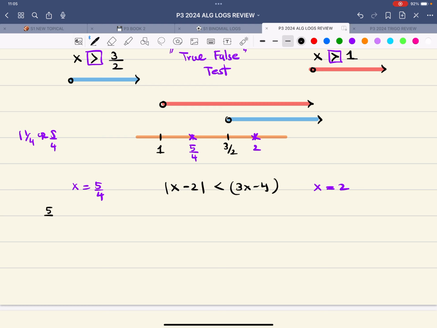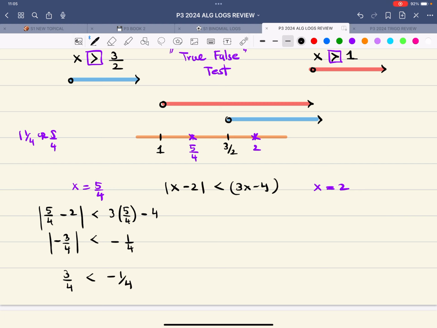This is modulus of 5 over 4 minus 2. Is it actually less than 3 into 5 over 4 minus 4? 5 over 4 minus 2 is negative 3 over 4, modulus. And this is less than 15 over 4 minus 16 over 4, that is negative 1/4. So 3/4 positive is less than negative 1/4. I'll come back to it in a short while.